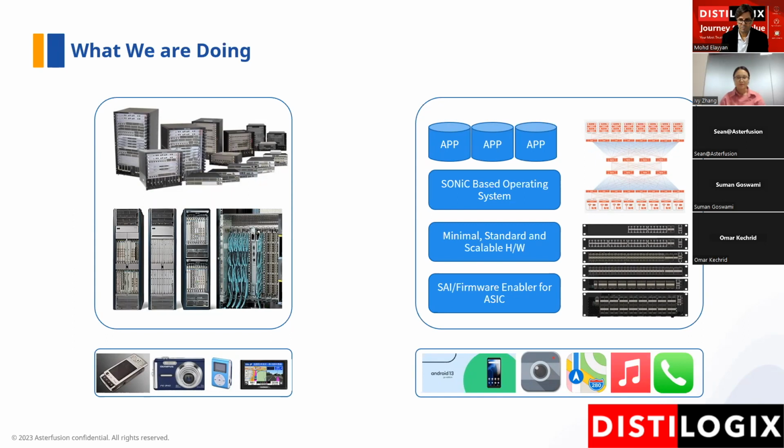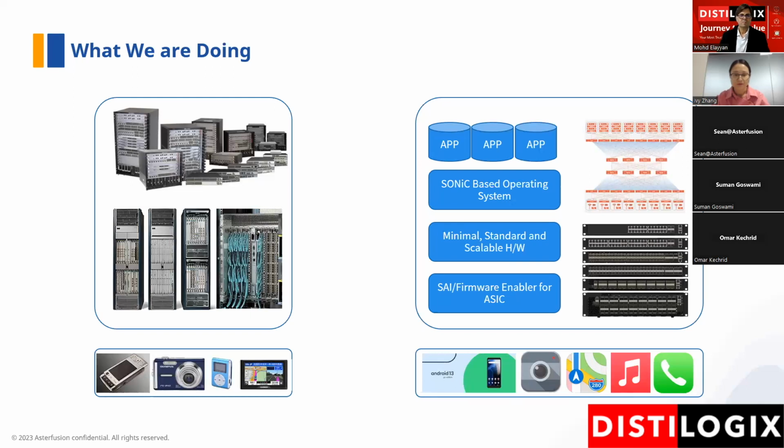What we are doing is participating in the open networking ecosystem. Currently in the market, traditional network device vendors are providing bigger and bigger chassis and their own operating system implementations, which binds the customers to their destiny. Things will change when the ecosystem becomes open.